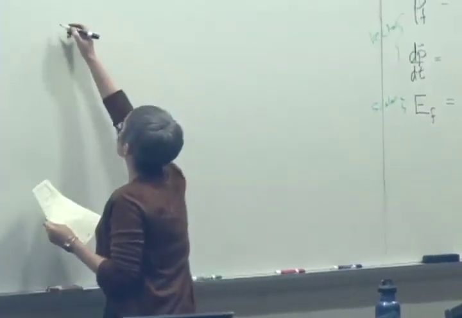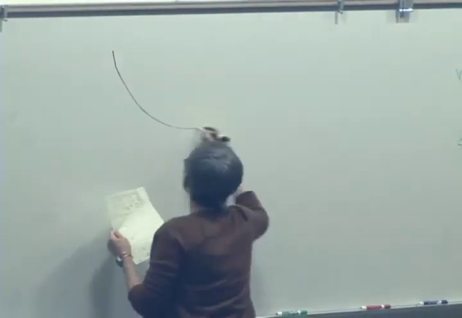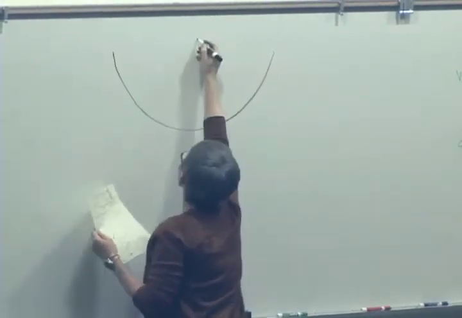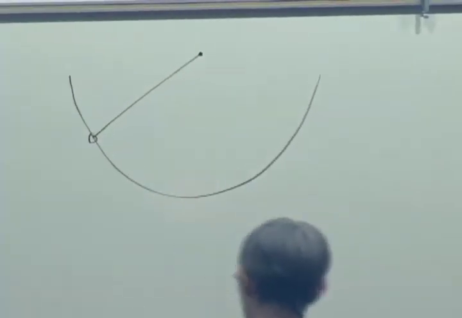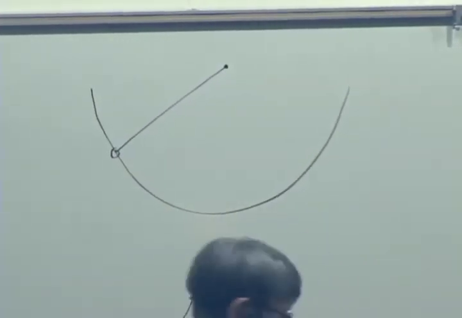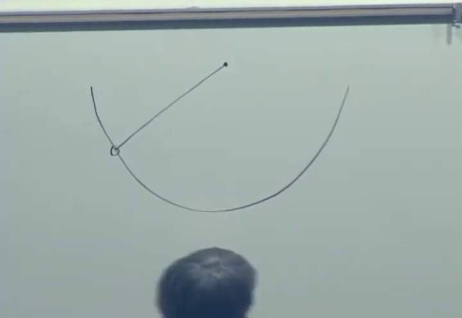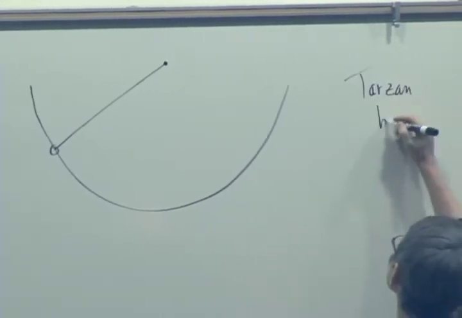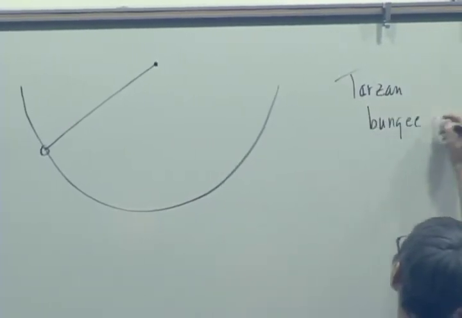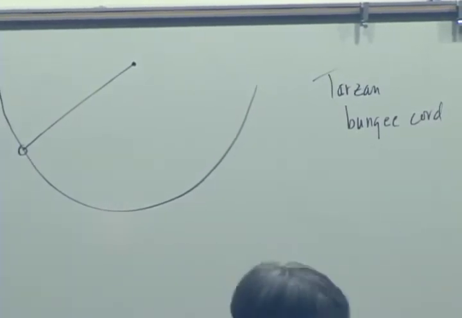So suppose that we have a problem. We have Tarzan swinging from a vine. Here's Tarzan. Here's the vine. Or actually, Tarzan's swinging from a bungee cord. How about that? Tarzan and a bungee cord. Okay.